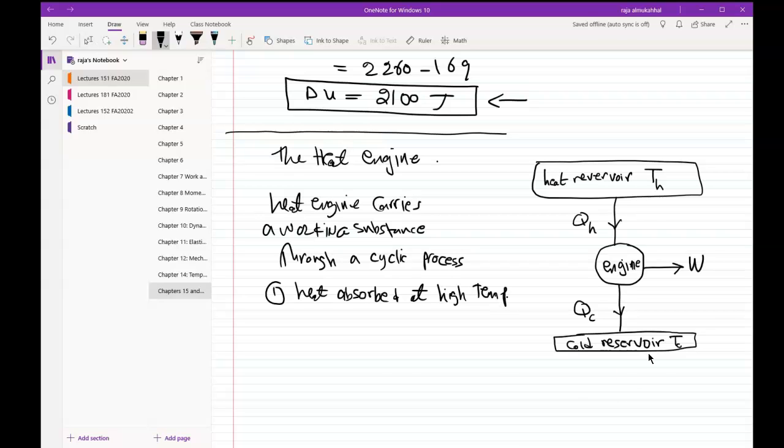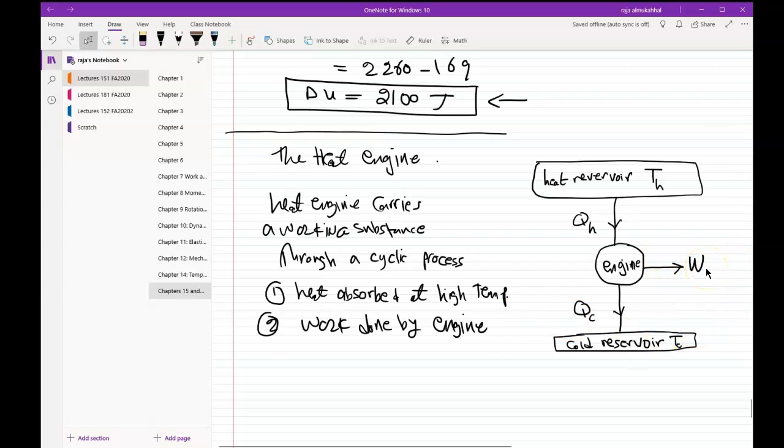So let's go back. One, heat is absorbed at high temperature. Two, work is done by the engine, which is basically right here.